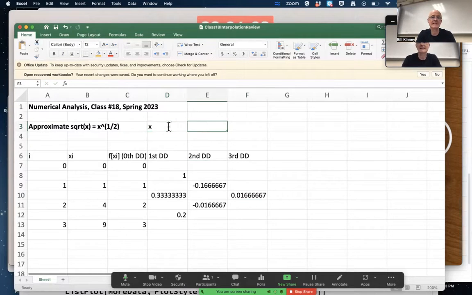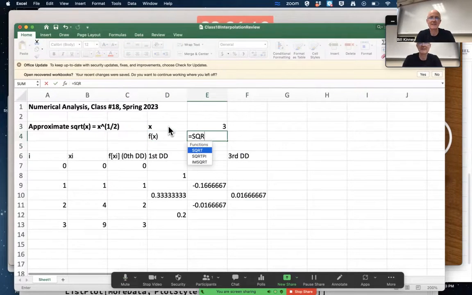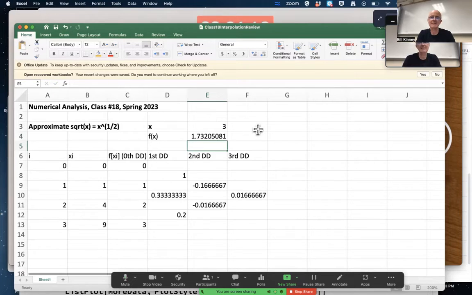Let's say x is 3. The best approximation in the spreadsheet is given by that, 1.73205081.